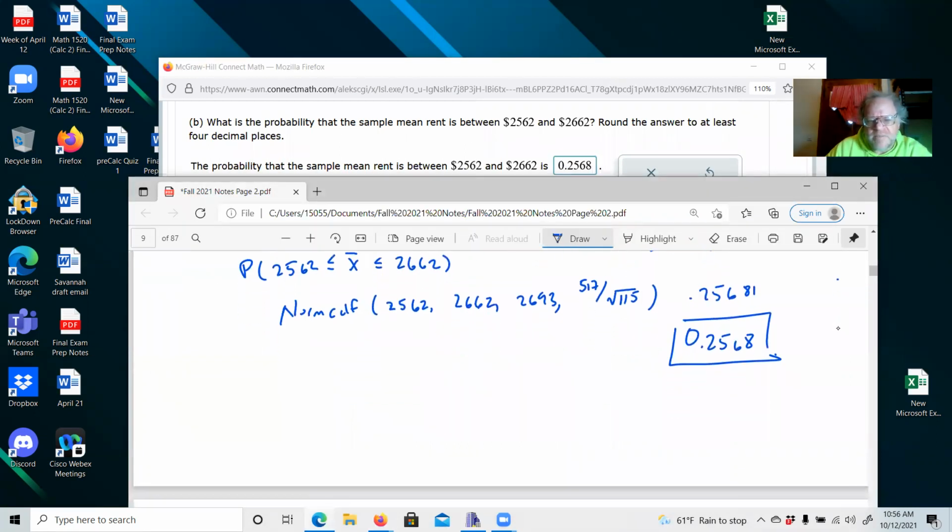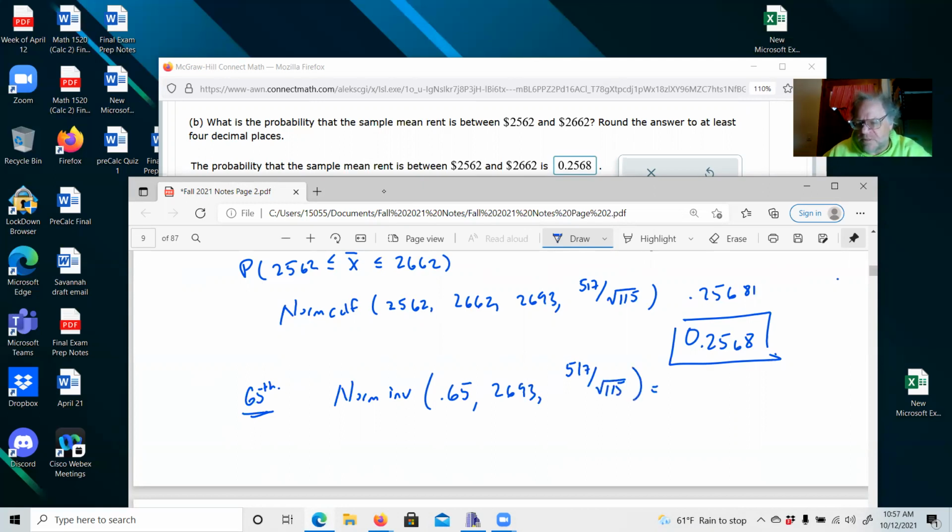Now again, remember this is for a group. This is for an average of these apartments. So we're going to say norm inverse. The probability is 0.65. My average was 2693, and my standard deviation is 517 over the square root of 115. We'll plug this into the calculator.